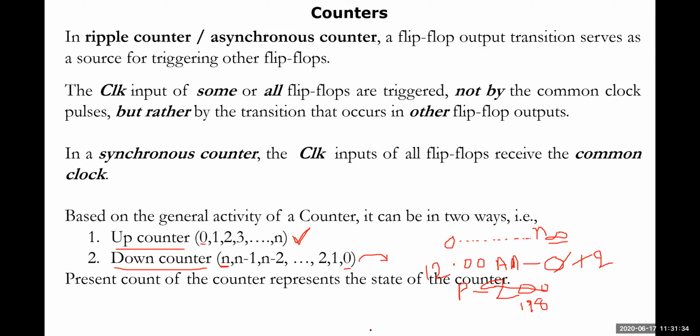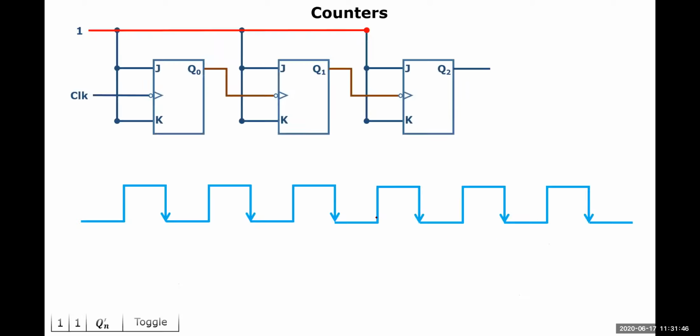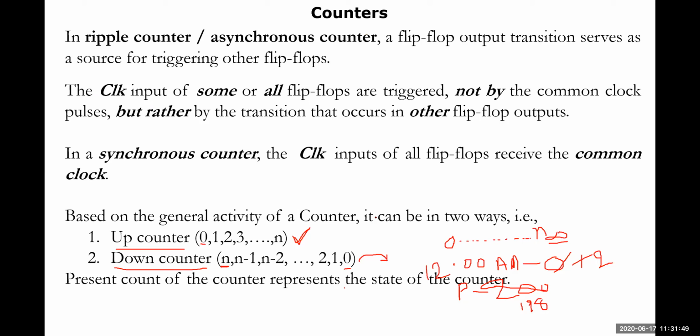After 2 operations, it will be n minus 1, n minus 2, that is, n minus 2 is the present state of the counter here. Then how many operations could happen here? Those operations will take place by this particular up counter or down counter.